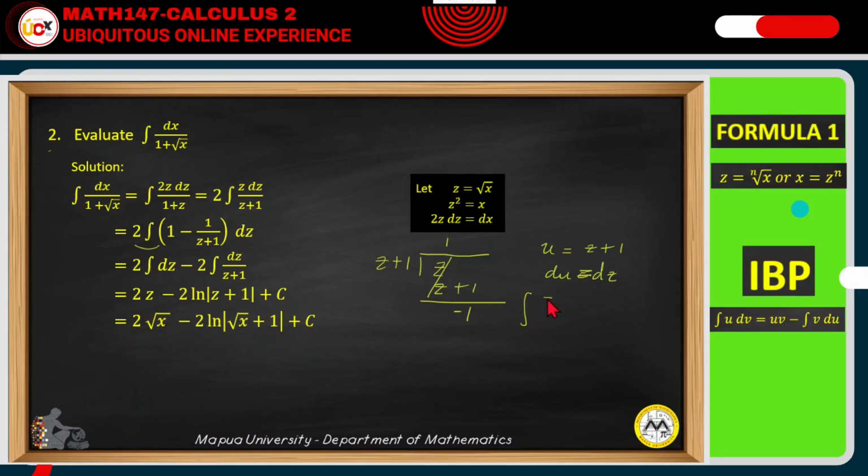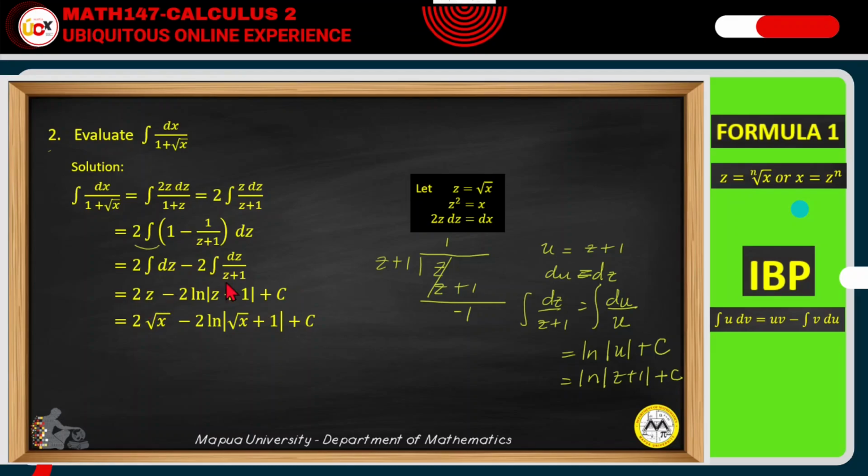So you can write dz over z plus 1 as du over u, where recall that the integral of du over u is the natural log of the absolute value of u plus the constant c, where u is z plus 1. Okay, so in this case, we can rewrite this integral of dz over z plus 1 as the natural log of the absolute value of z plus 1 times negative 2 plus the constant of integration c.